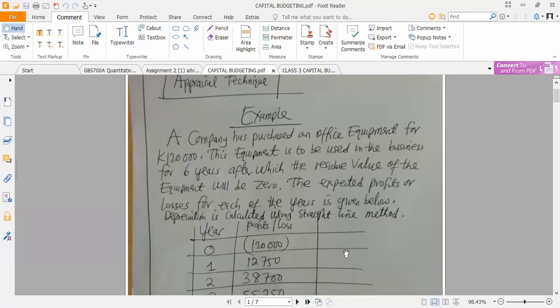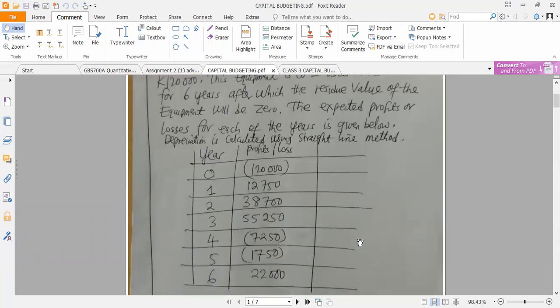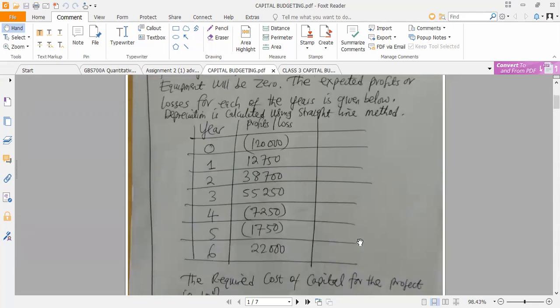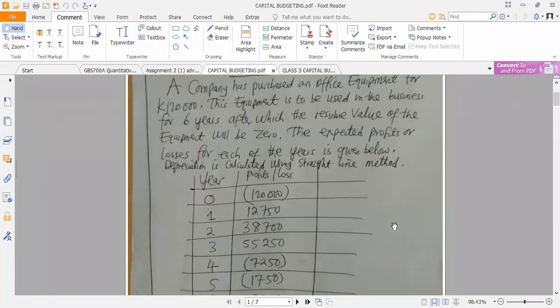Depreciation is calculated using the straight line method. So you have the years 0 through to year 6. Year 0 simply means this is when the company has purchased this office equipment.